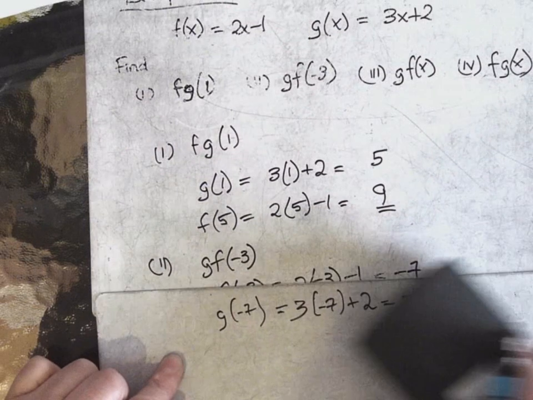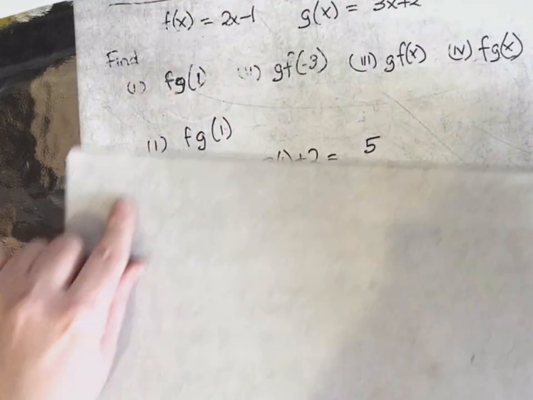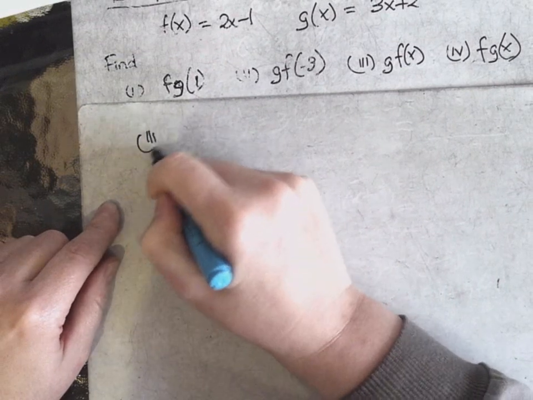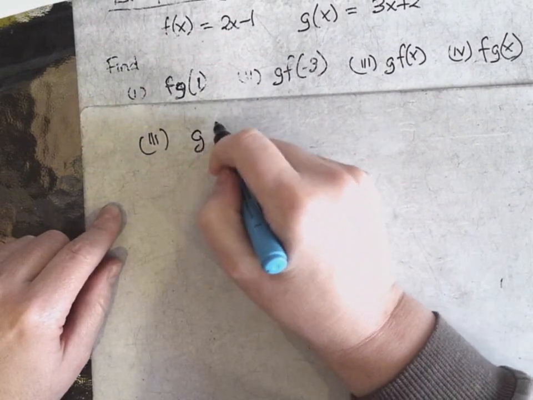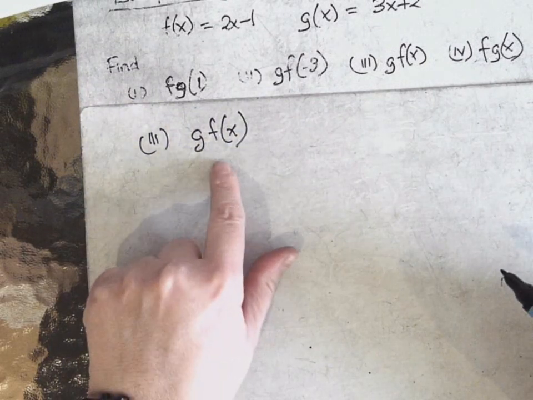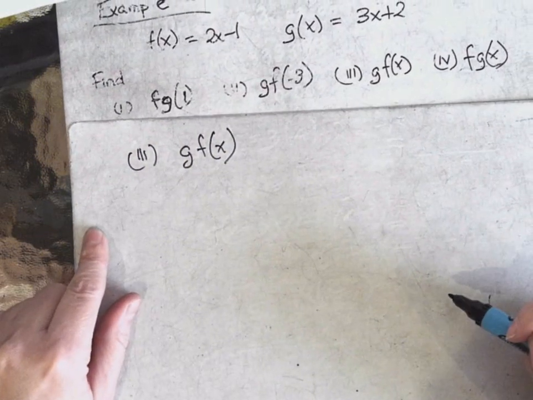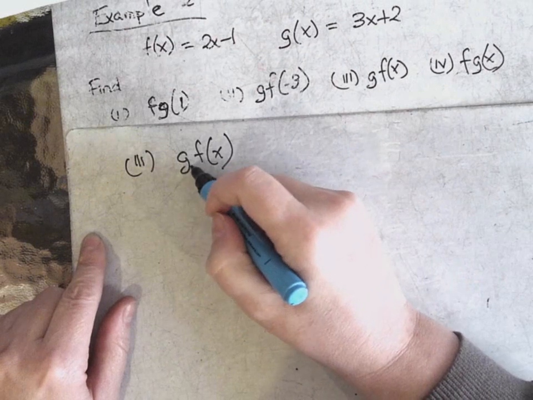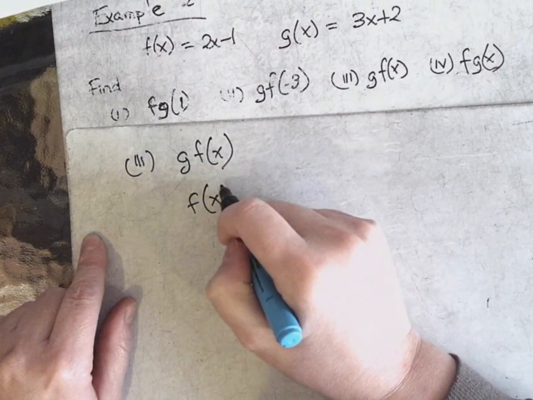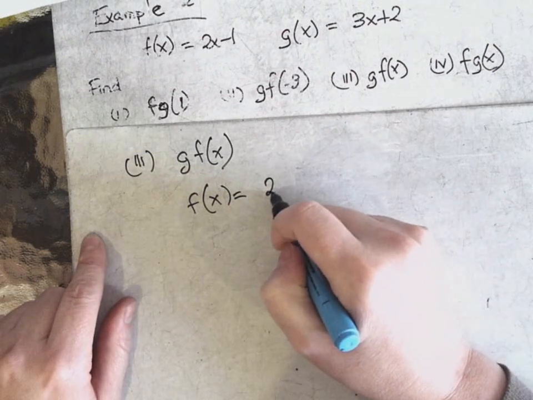And part 3 then, right, so part 3 reads g f of x. I've no number to put in, so I'll just be dealing with x's here. g f of x means do g after f. So I have to do f of x first. f of x is just the function 2x minus 1.